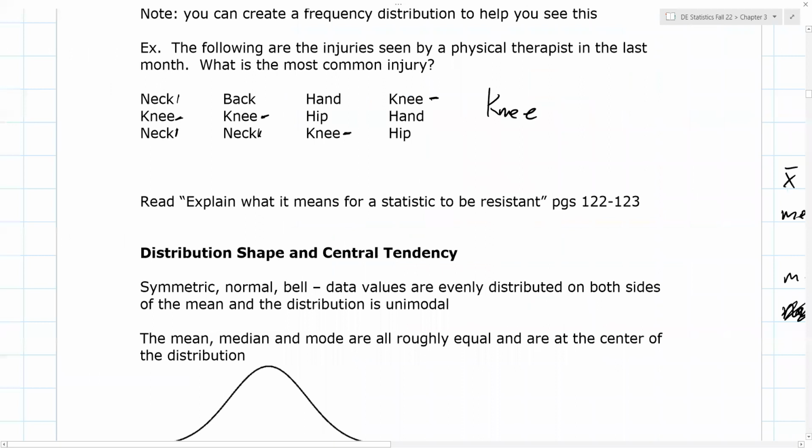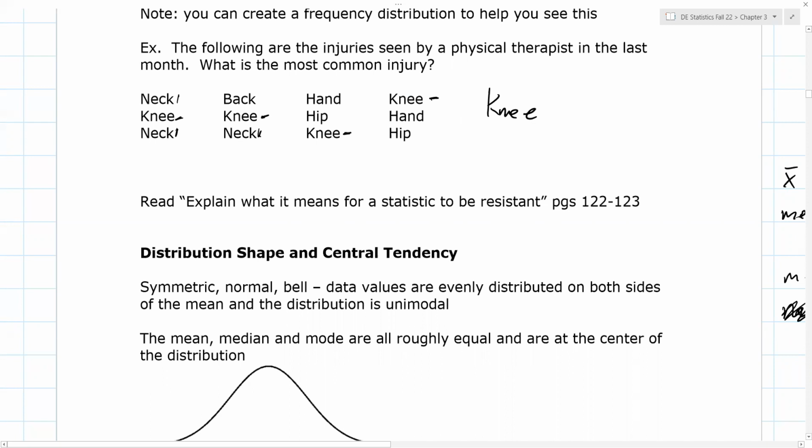All right, and now we're going to use that idea of resistance to talk more about the distribution shape and how that shape is affected by or displays our measures of central tendency. How could we look at our measures of central tendency and talk about the shape of the graph it would create? Or how can we look at the shape of the graph and then talk about those measures?